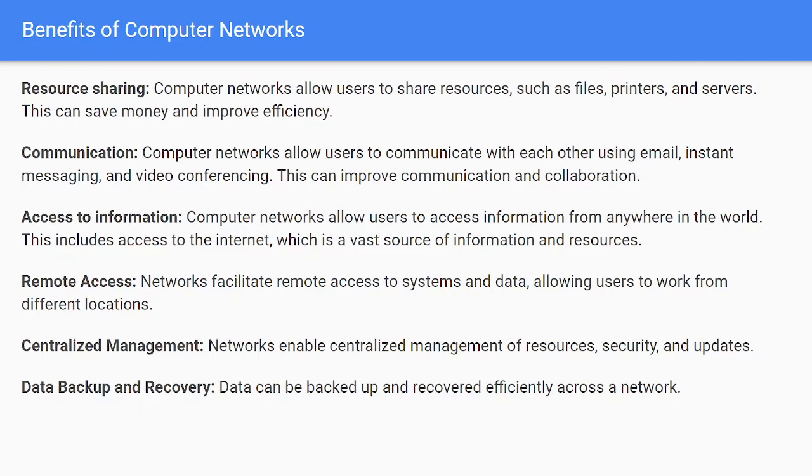So the next thing we go to is centralized management. Another very important thing about computer networking is that you can have a centralized way of managing resources, security and updates. Let's say, for example, in an organization all your laptops are connected to a network, and they are all Windows systems.